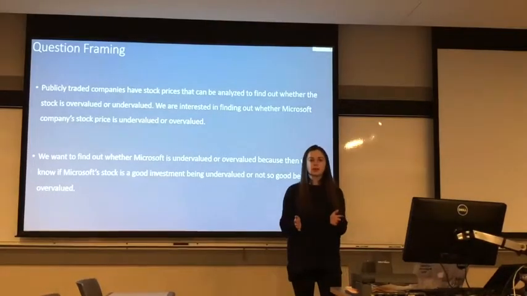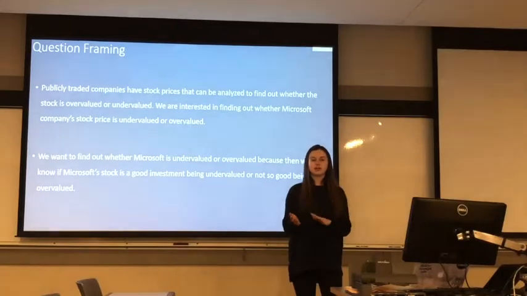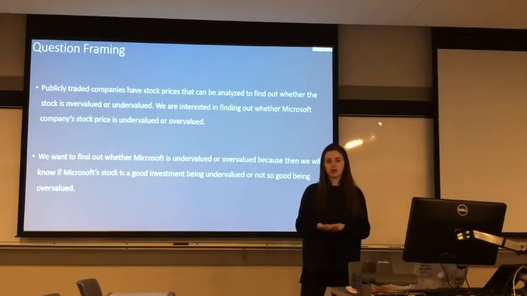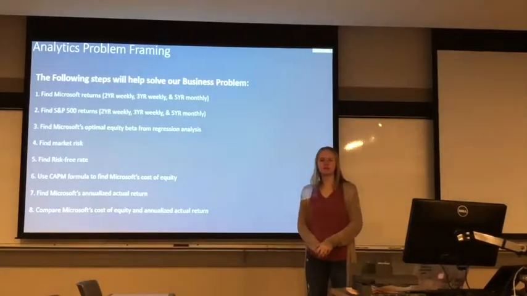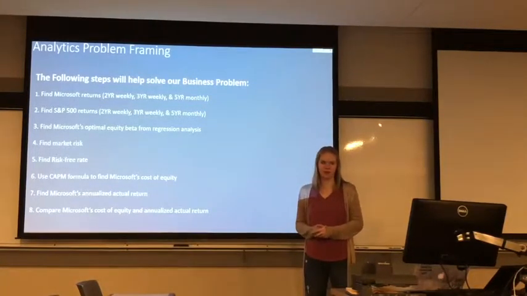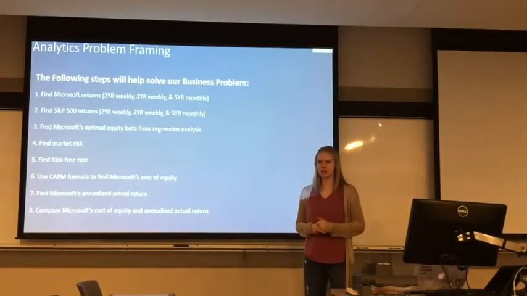The business problem that our group set out to solve is whether or not Microsoft Company's stock is undervalued or overvalued. This problem is important to us because it will tell us whether or not we should invest in Microsoft's stock. In order to solve our business problem, we will look at Microsoft returns and the S&P 500 returns. From that, we will find Microsoft's optimal equity beta using the regression analysis.